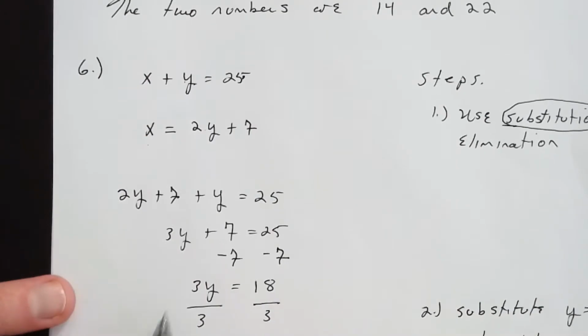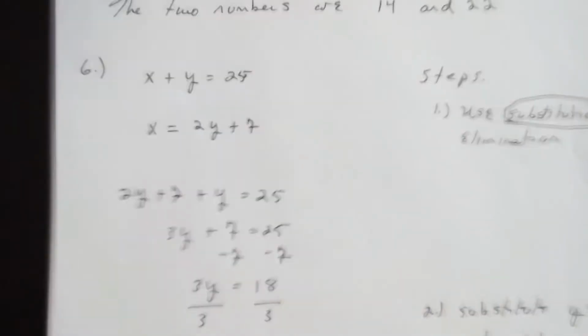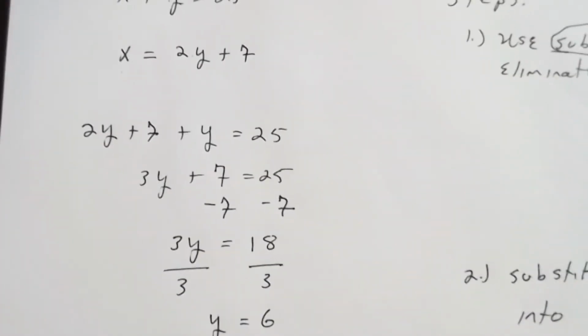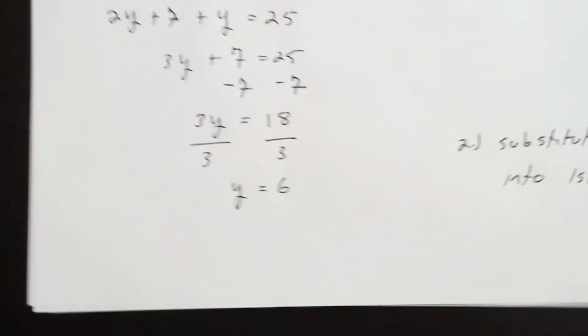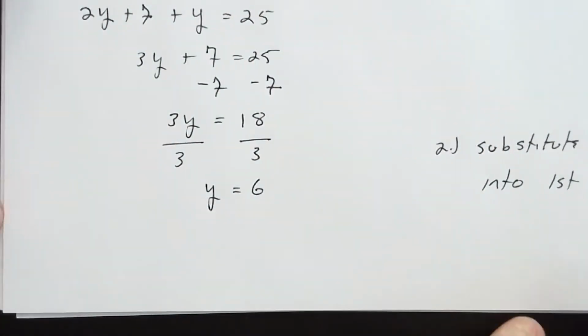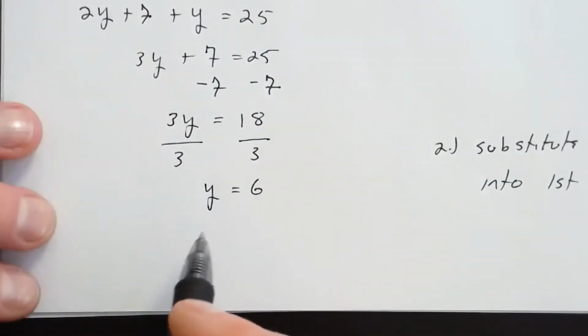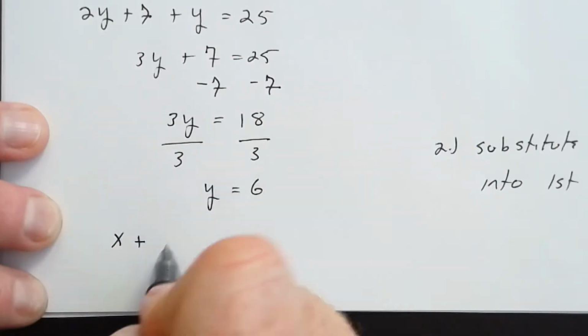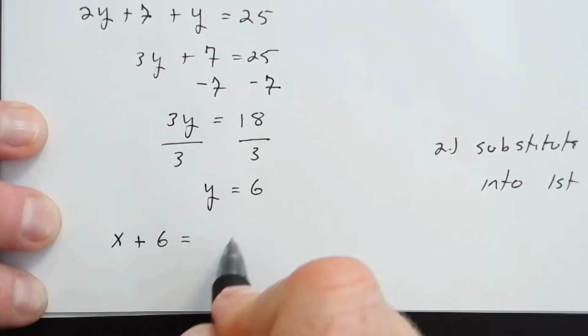So what we have is x plus 6 is equal to 25.